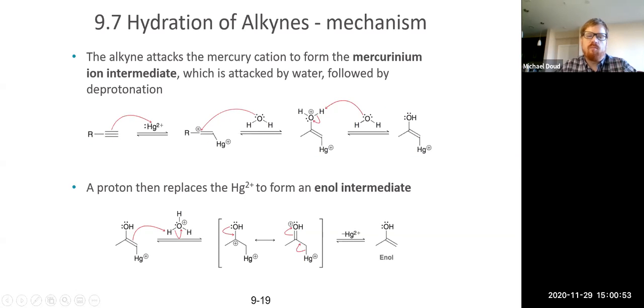To get rid of the mercury, it's going to replace the mercury with the proton that we just gave away. So basically you do a nucleophilic attack from the pi bond onto the proton, a proton transfer to the pi bond.